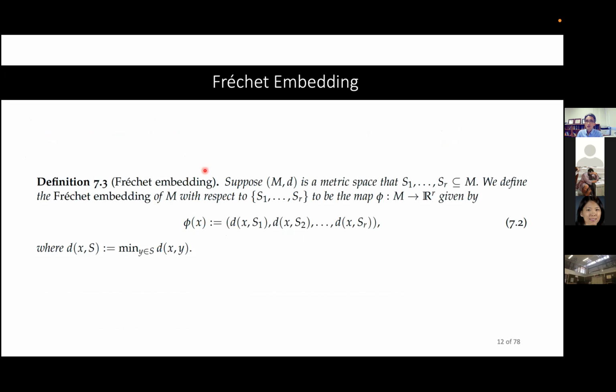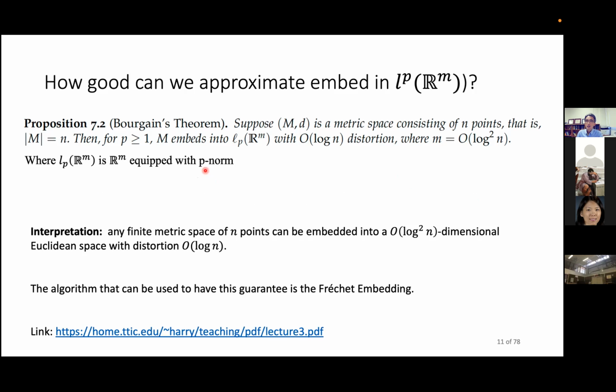I assume that theorem shows that there exist log square n number of S sets, such that if you select those S_i sets carefully, then that Fréchet embedding guarantees Bourgain's theorem distortion limit.